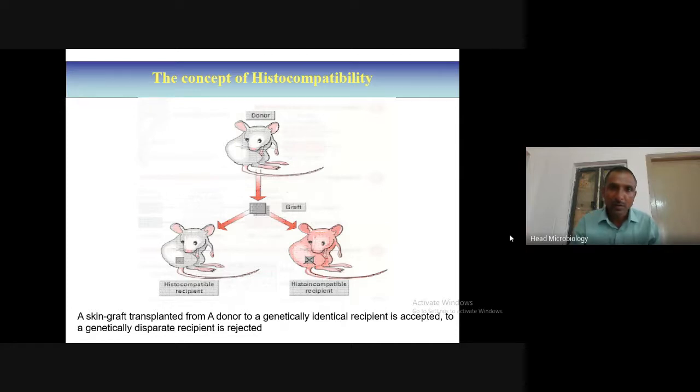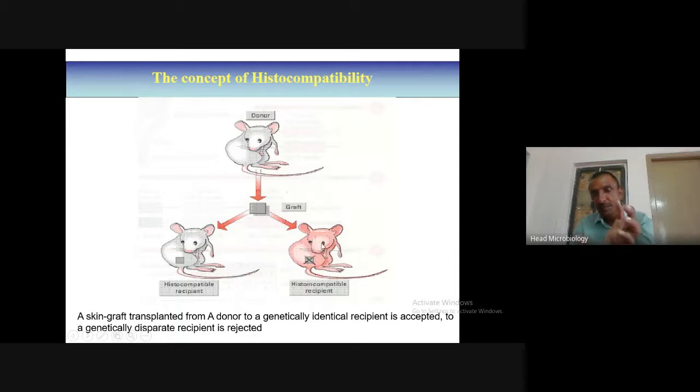Only one recipient, which is genetically identical, accepts the transplant and is histocompatible, but the other is non-histocompatible.